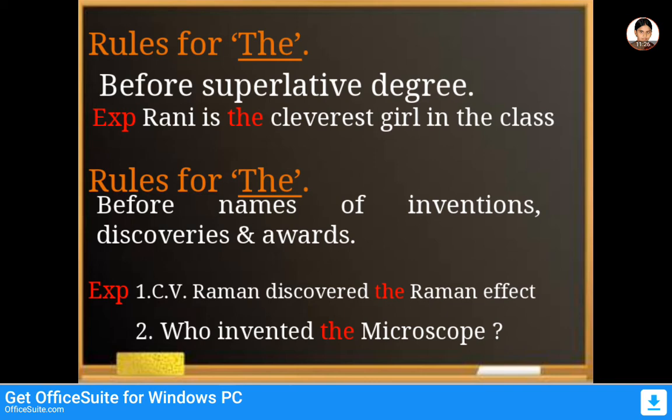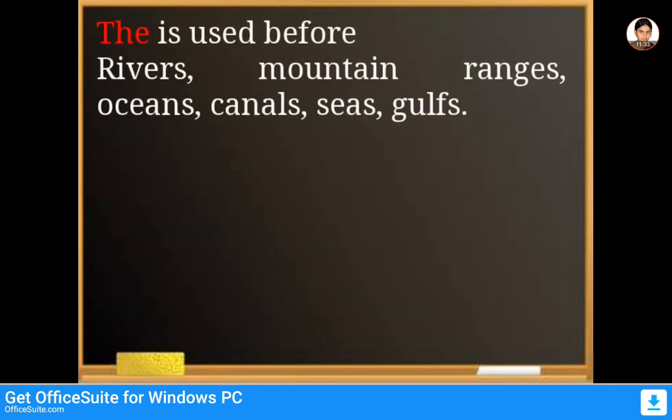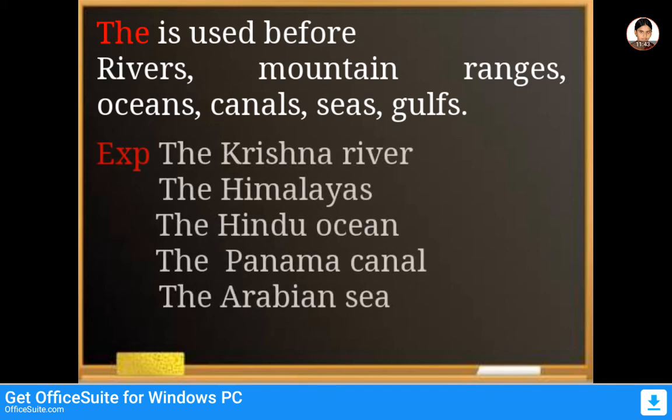Before microscope, the article is used. It is also used before rivers, mountain ranges, oceans, canals, seas, gulfs. Example, the Krishna River, the Himalayas, the Indian Ocean, the Panama Canal, the Arabian Sea.